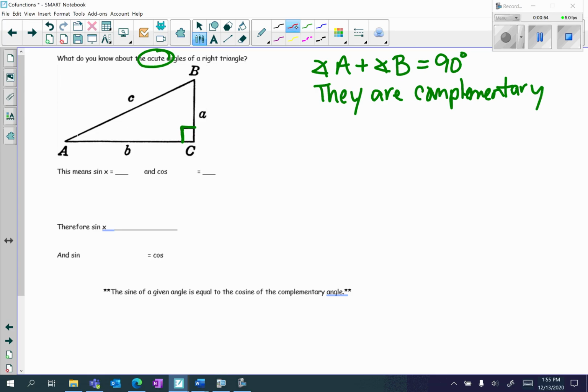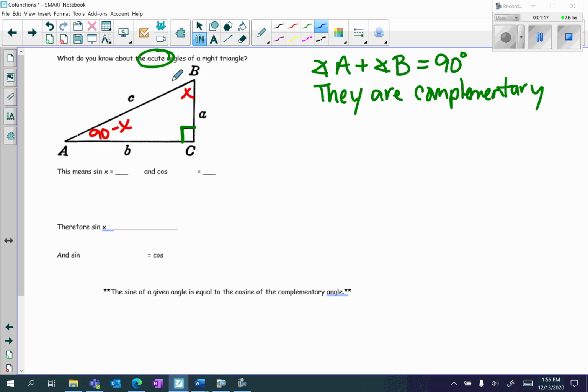So let's look at an example. Let's say angle B we're going to represent as x. Angle A then must be 90 minus x. This means sine of x.